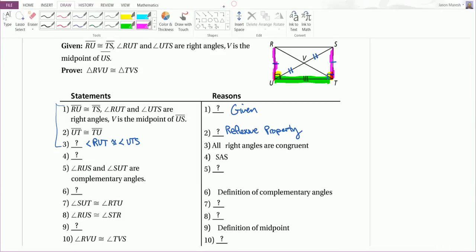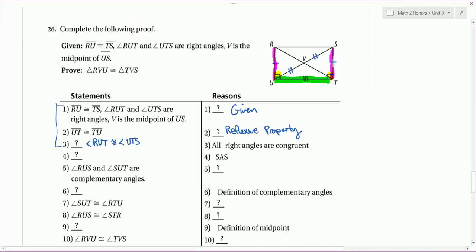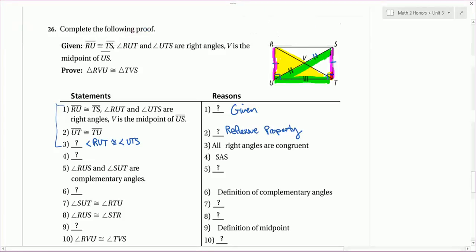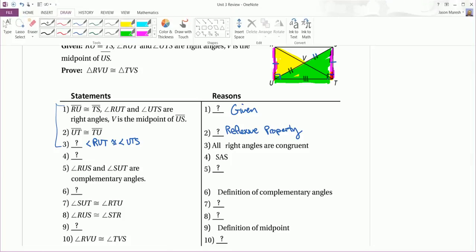Well, here's one of them. I'll color it in. So this right triangle here, we've got side-angle-side for that one. And the other triangle is this one right here. So they're both congruent by side-angle-side.